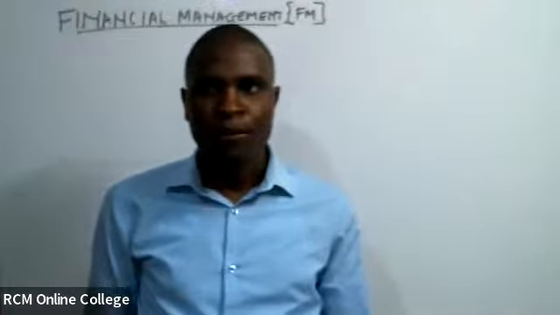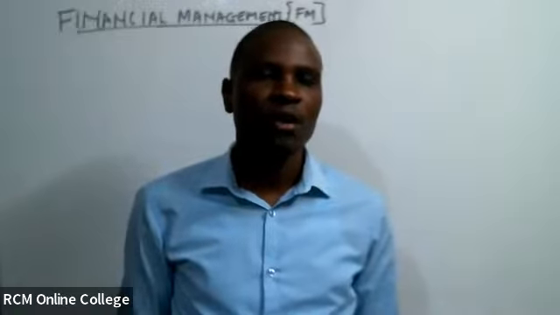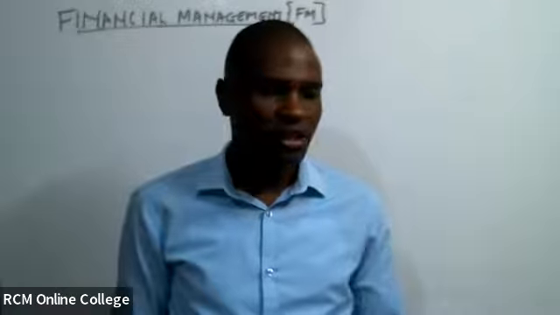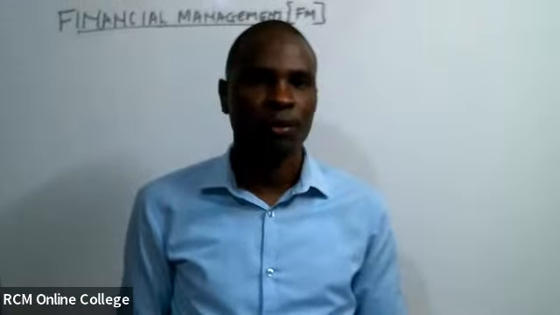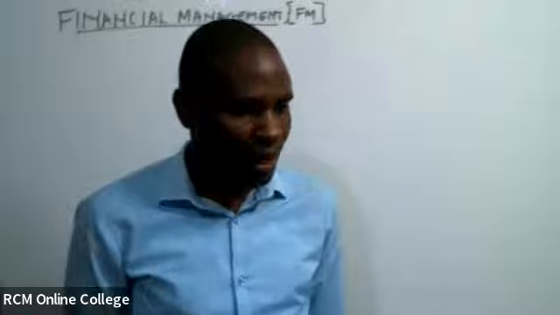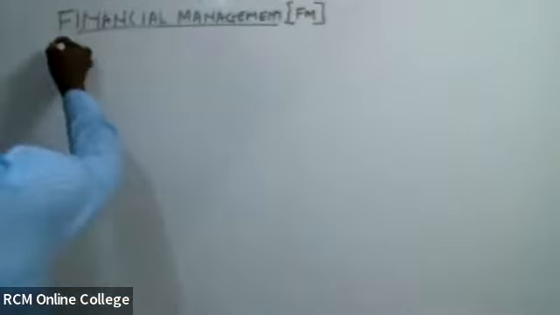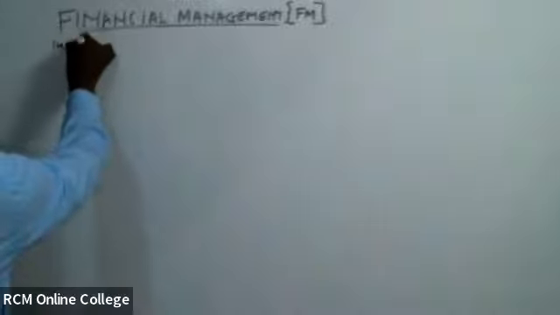So when we talk about this subject, which is financial management, we have said that we got 14 topics. One of the topics, it is the overview of financial management. So we have 14 topics.